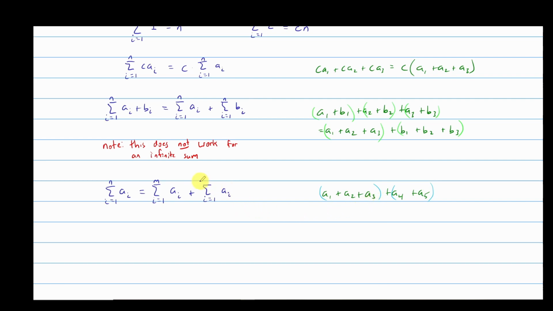So what we're going to do is if we start from 1 to m, the next one is going to start at, not 1, it's going to start at m plus 1 and go up to n. So this property, I think, is maybe the most confusing to look at, but all we're doing is saying if I want to add up the numbers, a1 through a5, I can add up a1 through a3 as one sum, a4 to a5 as another sum, and treat those as two different sums.